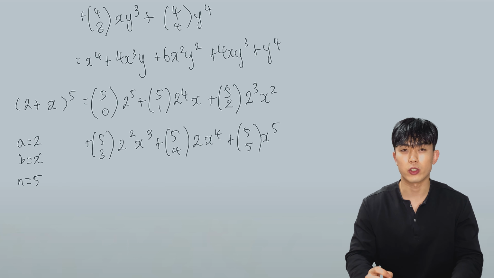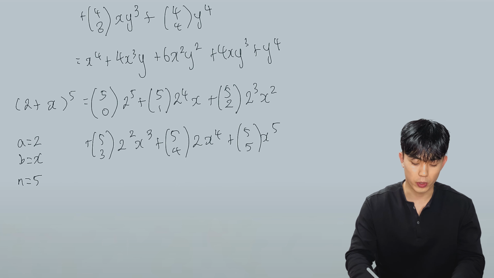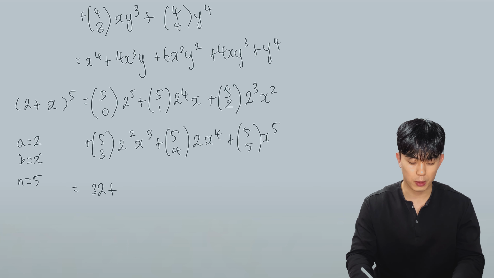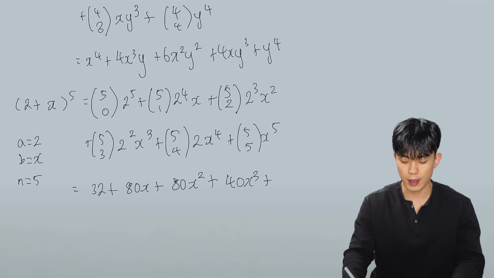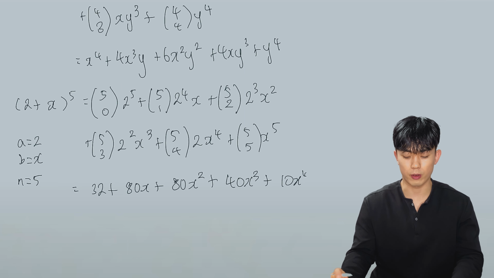And now it's just a matter of simplifying each individual term. So we get 32 + 5 choose 1 is 5 times 16, so 80x + 80x squared + 40x cubed + 10x to the power of 4 + x to the power of 5. So this would be our full expansion of this initial bracket here.